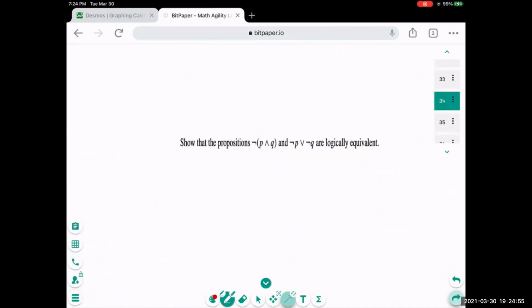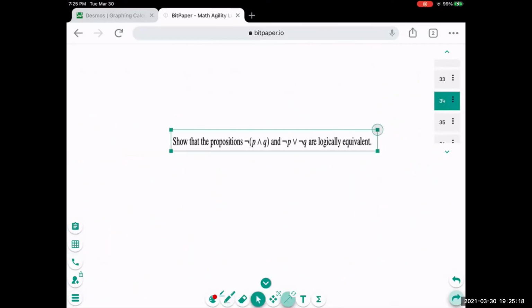So, ito naman is show that the proposition, the negation of P conjunction of Q, and negation of P disjunction of the negation of Q are logically equivalent. So, let's just move it here.